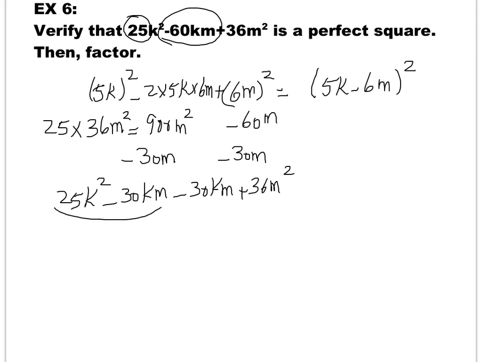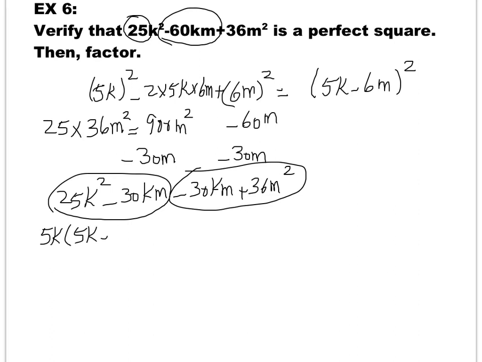Now I take the first two terms and the last two terms, and I take the common factor. The first one, the common factor is 5k, so I'm going to get 5k minus 6m. And from the second term, I'm going to take negative 6m out. So negative 30km divided by negative 6m is going to give me 5k minus 6m.